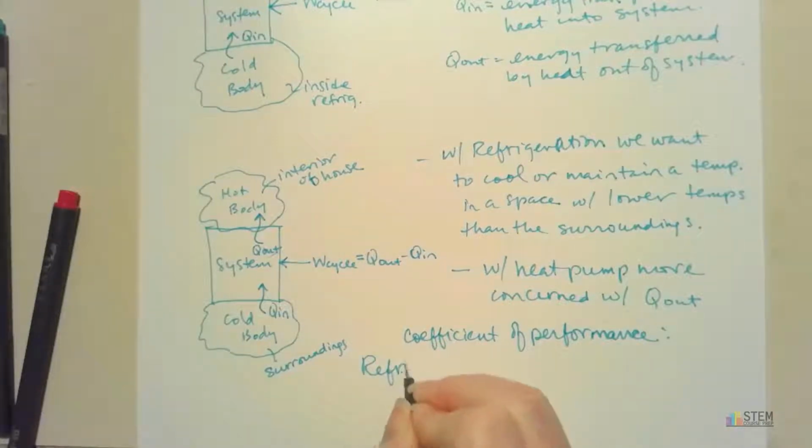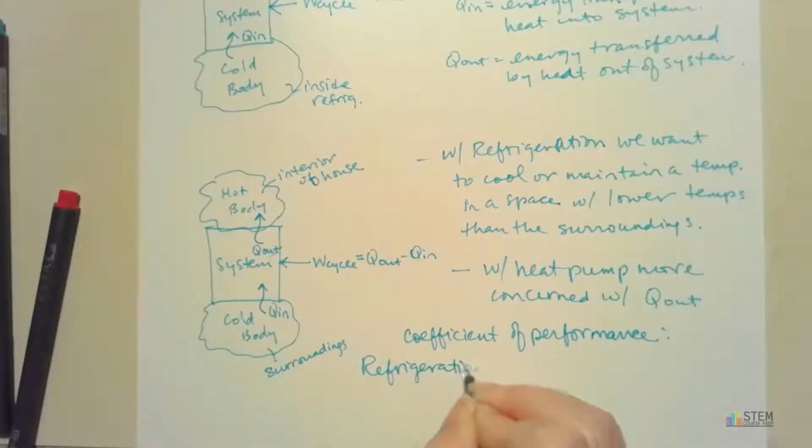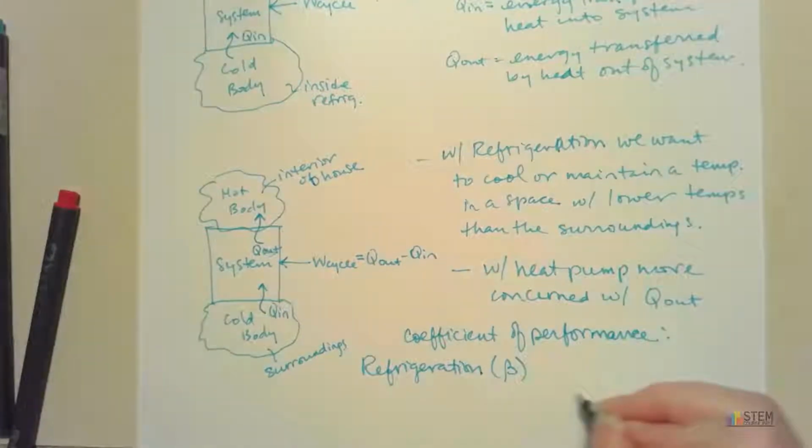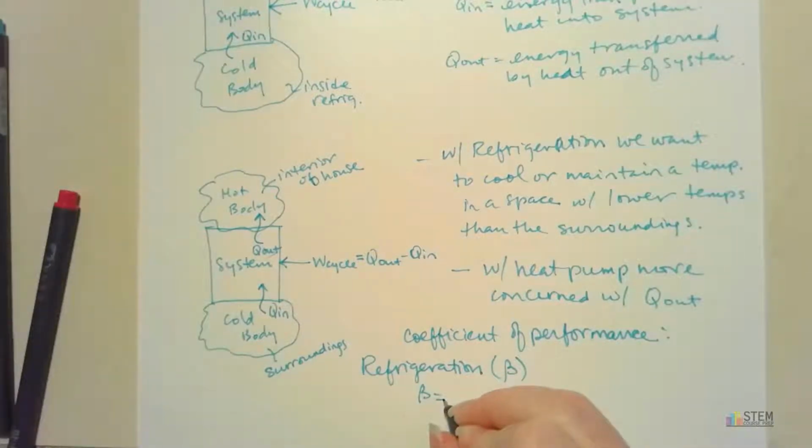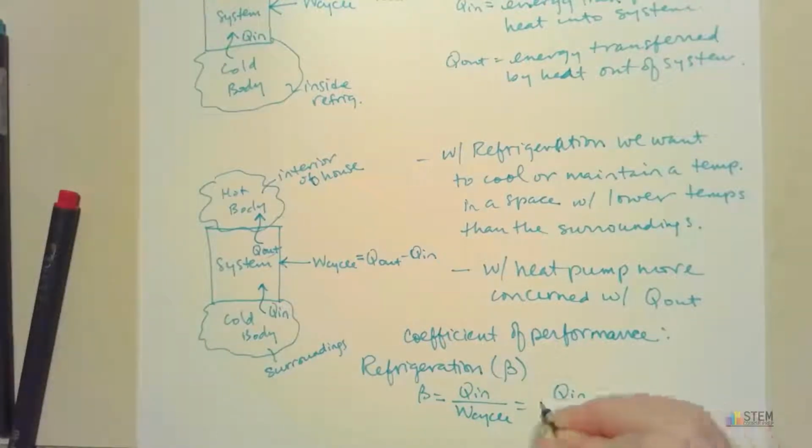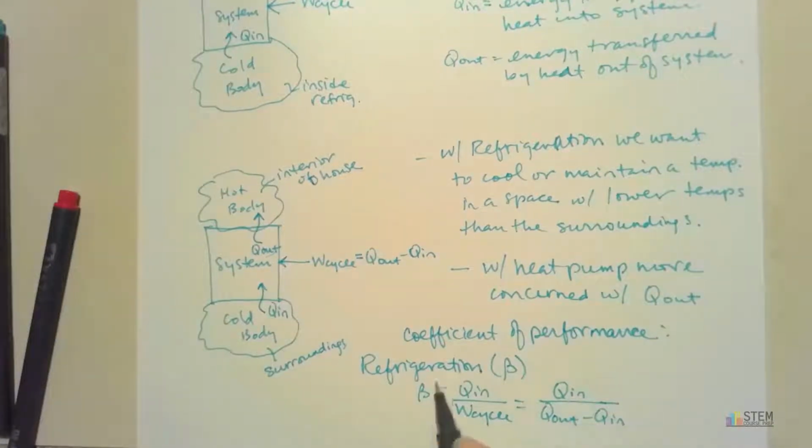For refrigeration, our symbol will be beta, and beta is going to be Q in over the work of a cycle. And we could rewrite that to be Q in over Q out minus Q in. Okay, so that's what you'll have for refrigeration.